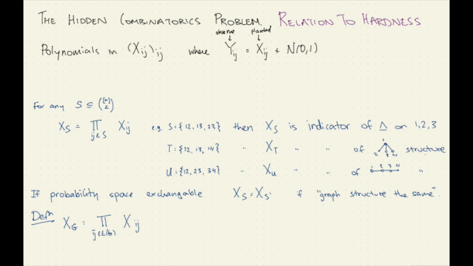Often we only care about the graph structure of these things, right? You don't just care about the size of the set, you care how the entries are related in general, because these are eventually going to be the expectation over these things in the two different models being used. So you care about the graph structure.